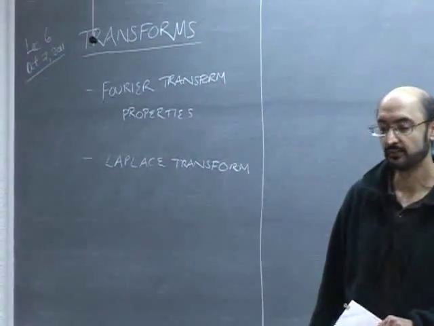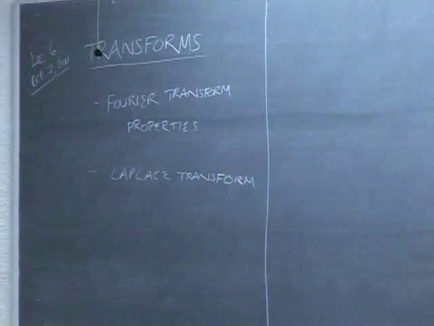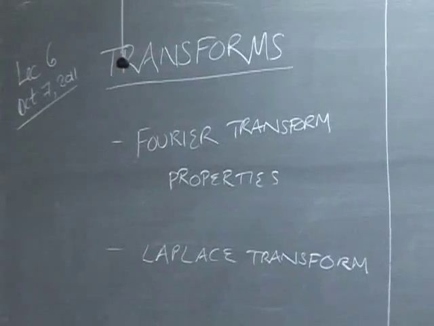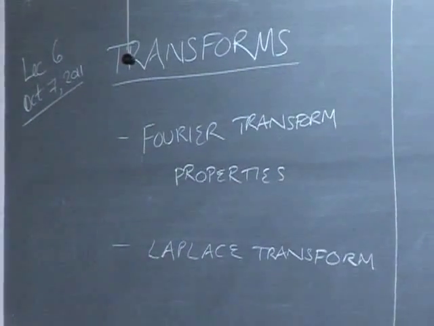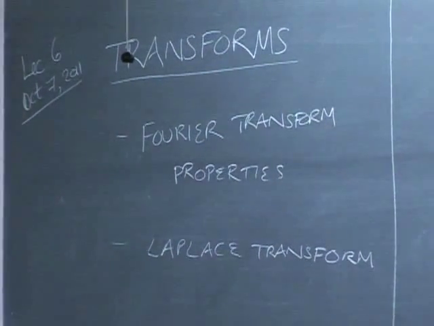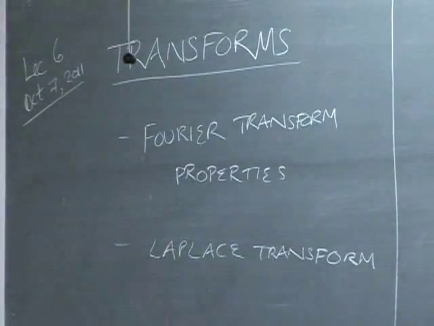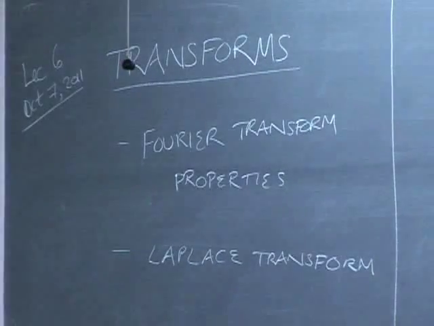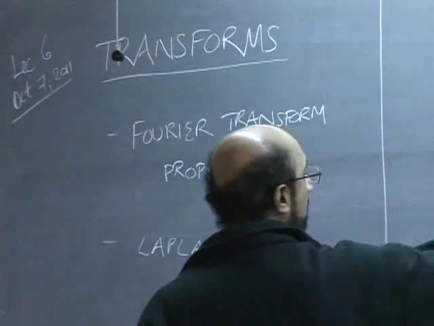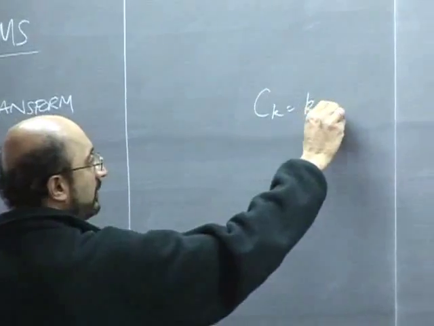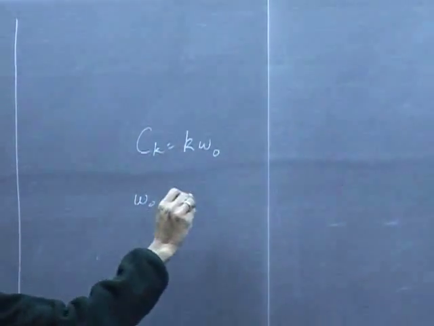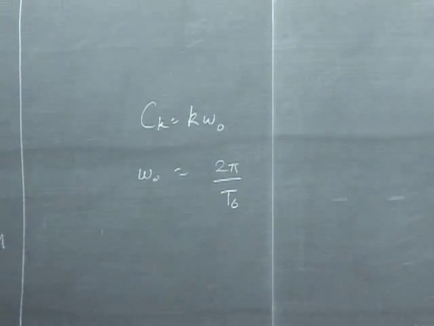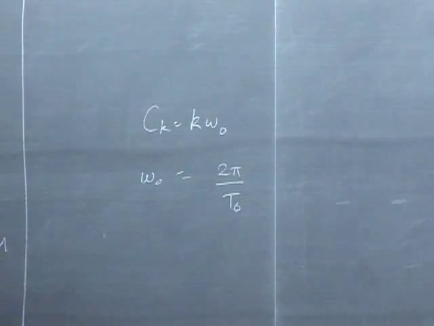Okay, so the Fourier transform, as you recall from last time, is this transform where we're taking a Fourier series and basically taking the limit as the period goes to infinity. So as the period goes to infinity in the time domain, the coefficients, the discrete values Ck, where the frequency is k omega naught, and omega naught is the frequency corresponding to the time period T naught, come closer and closer together.